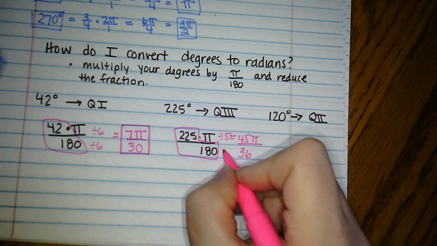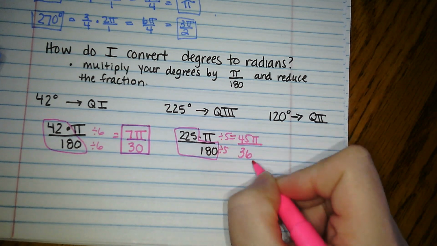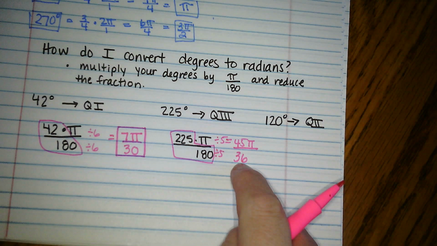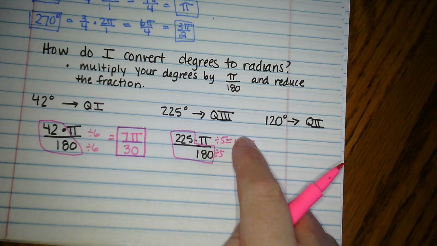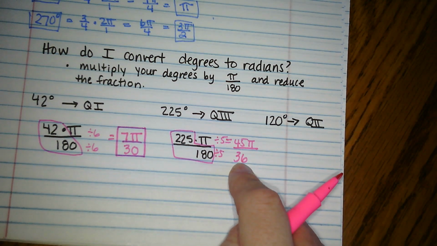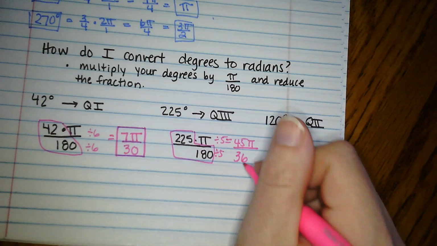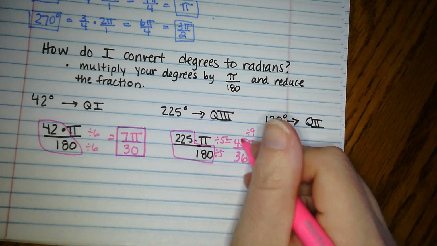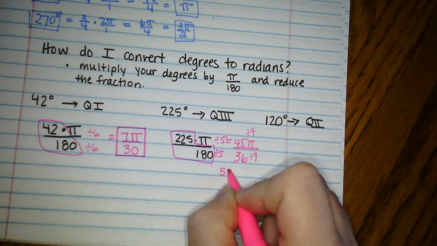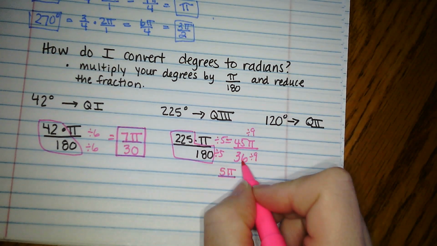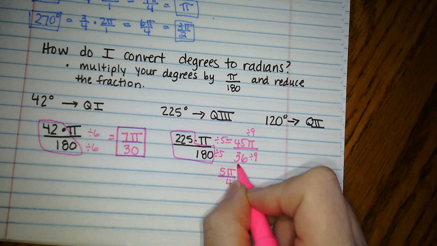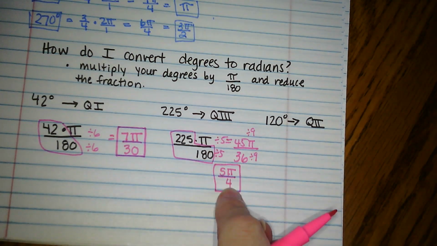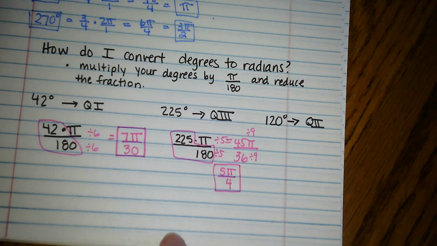This makes the number lower so that I can choose better. As far as 45 and 36 go, I believe 9 goes into both of those. So if I divide this one top and bottom by 9, I would end up with 5 pi over 4. And this one would match with that guy.